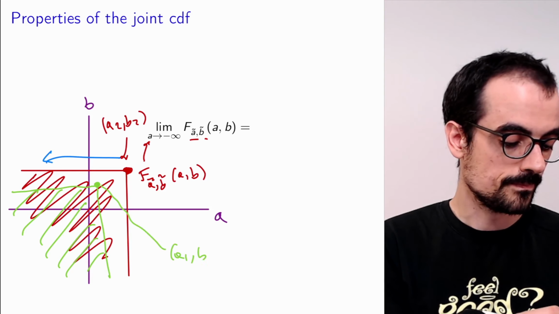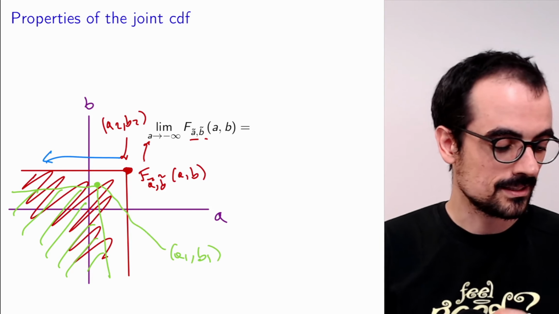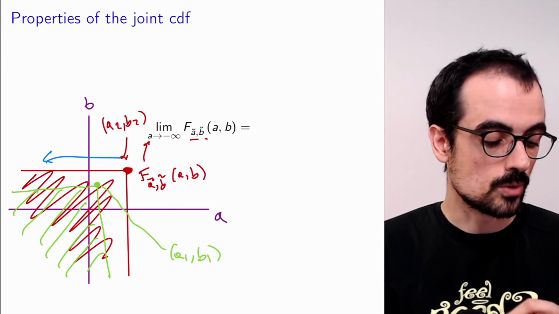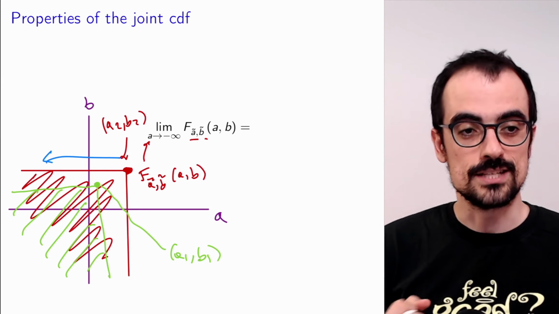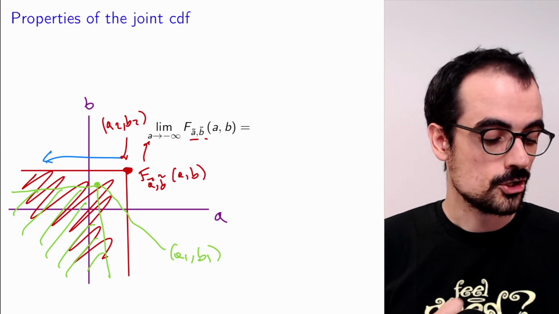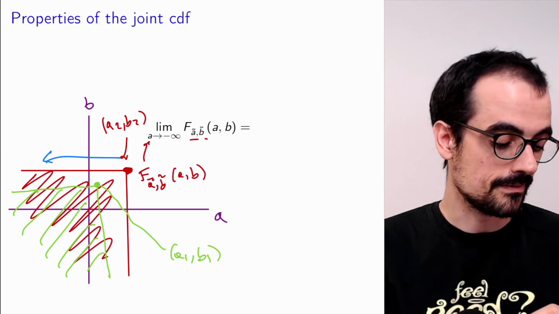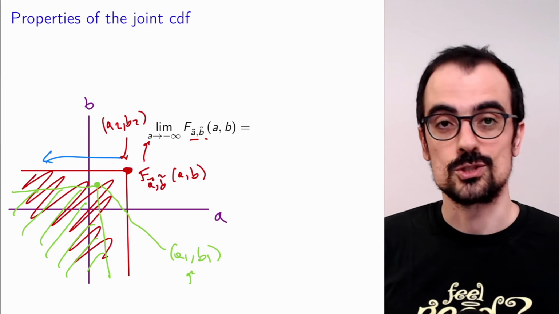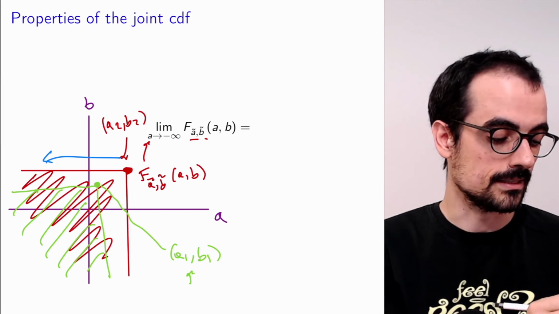You can clearly see that if you are smaller than A1, B1, then you're definitely also smaller than A2, B2. So the CDF at A1, B1 has to be smaller or equal to the CDF at A2, B2.